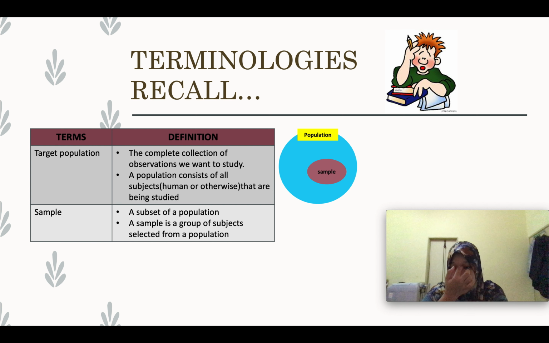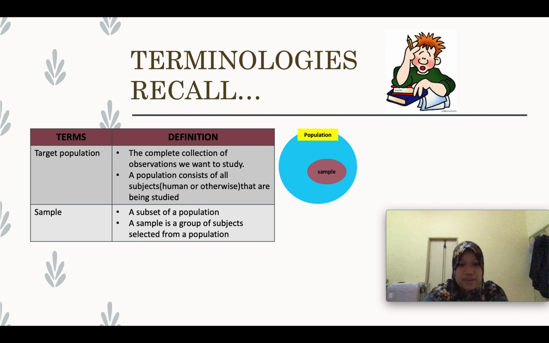For example, let's say I'm interested to study the UiTM police students. So all the students in UiTM police are my target population. The second term that is very crucial is a sample.